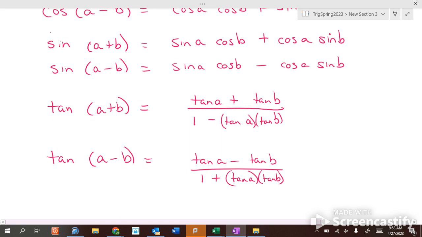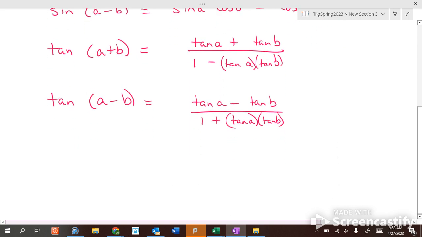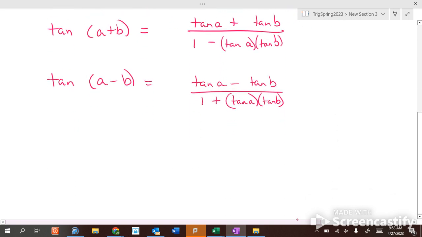Okay, so before we get into the sum and difference formulas, we've got to work on finding sums and differences. Now, if we have 165 degrees, is the 165-degree angle on your unit circle?